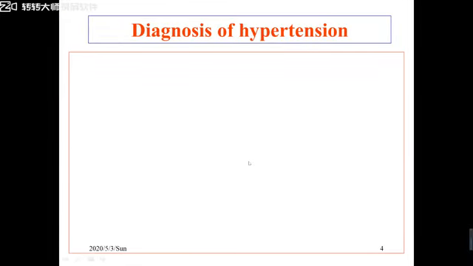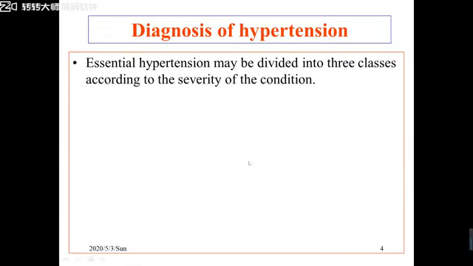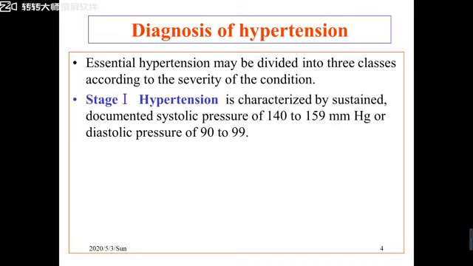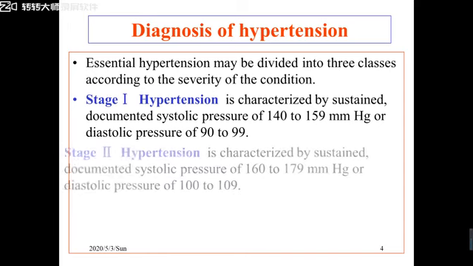How to diagnose hypertension? Just a note from the table we have known. Essential hypertension may be divided into three classes, three stages, according to the severity of the condition. Mild hypertension in the first stage is characterized by sustained documented systolic pressure of 140 to 159 mmHg or diastolic blood pressure from 90 to 99 mmHg.